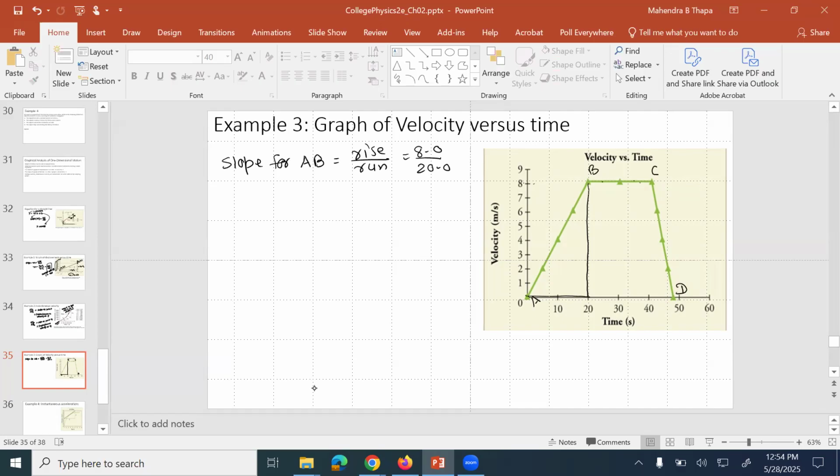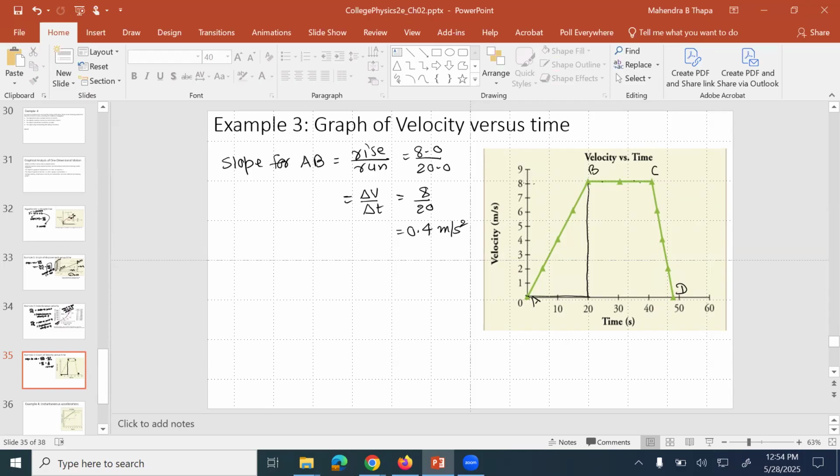So this rise over run in this example is clearly delta V over delta T. That equals 8 over 20. If I do a little algebra, that gives me 0.4, and since V is changing over changing T, the unit will be meter per second square.